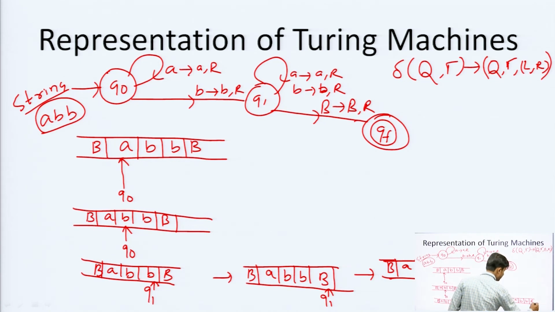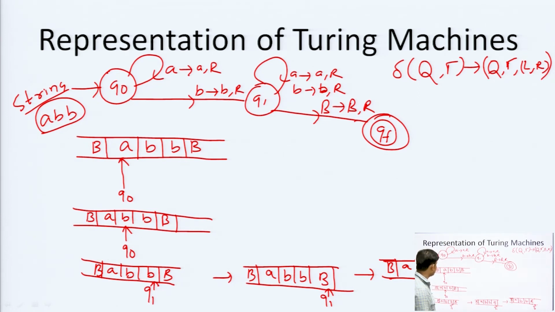After one blank, more blanks will be there, that is why we write a single blank. Then you go to QF. So here ABB is accepted.